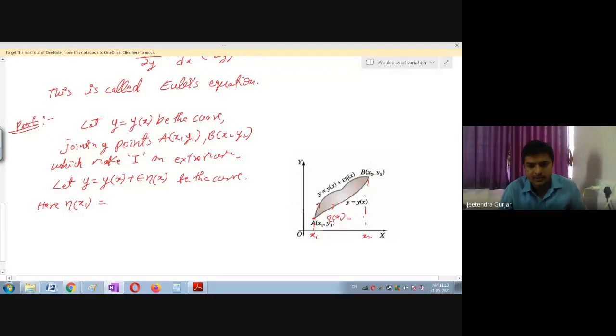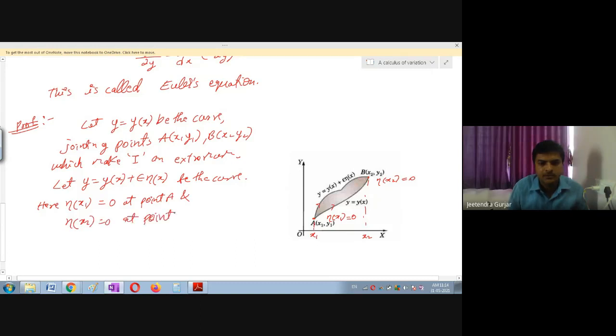But at this point, nu of x1 will be 0 because it's the starting point, and at the end point both the curves meet. So this extra part, whatever we have taken, that is nu, is the extra part. Suppose you take this line and this line, so this extra part is nu. It is coming outside, right? So nu of x1 will be 0 at point A, and nu of x2 is equal to 0 at point B. Therefore you have to keep this in mind.